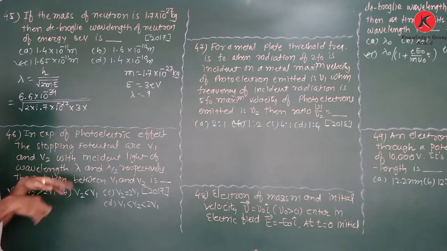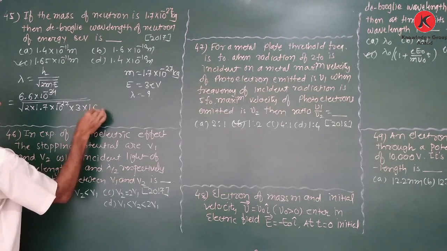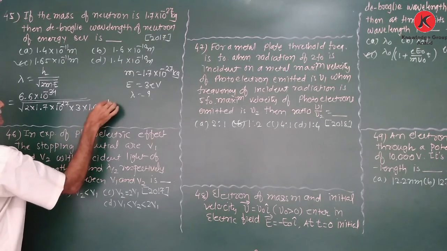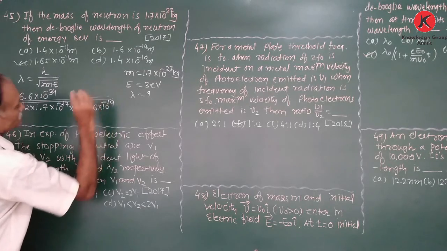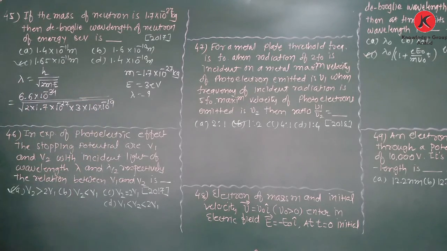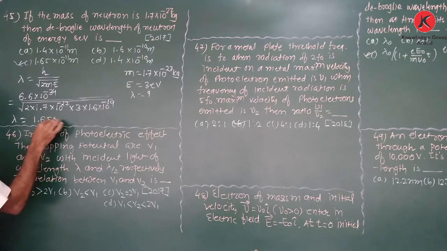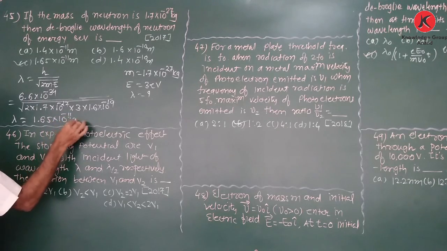Now convert into joule, so multiply by 1.6 into 10 to the power minus 19. When we simplify, we obtain the wavelength of neutron as 1.65 into 10 to the power minus 11 meter.